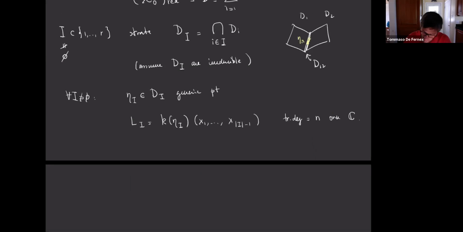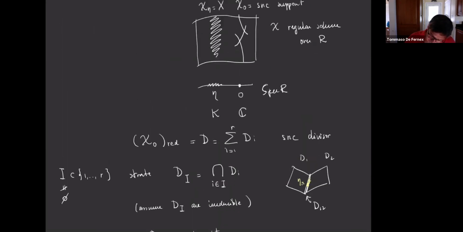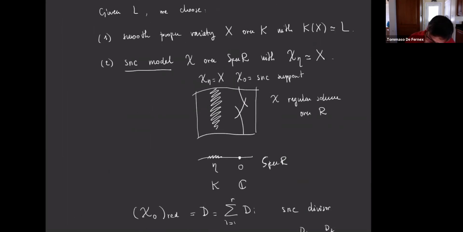Okay, and now with this construction, we can define rho sub n of L over K. So remember what we did here. Let me go back. L was the function field of the generic fiber.